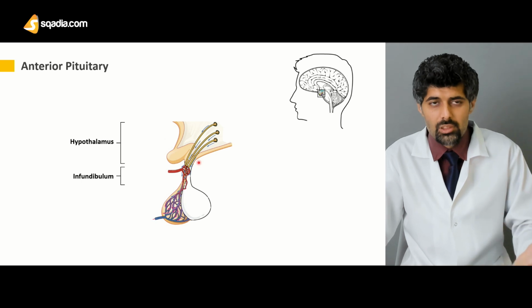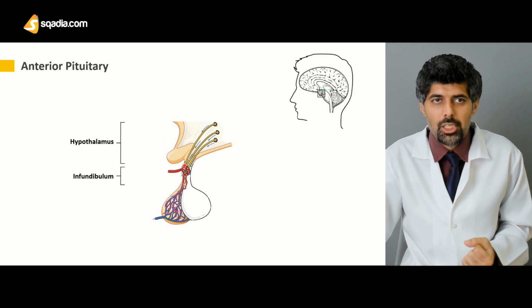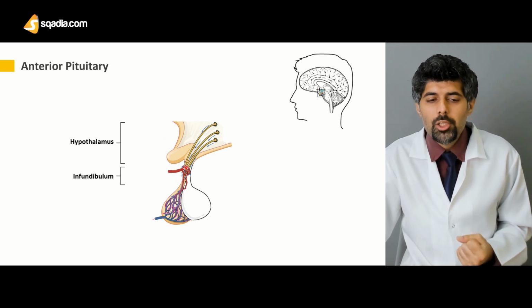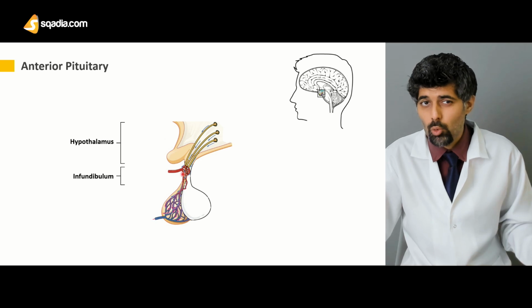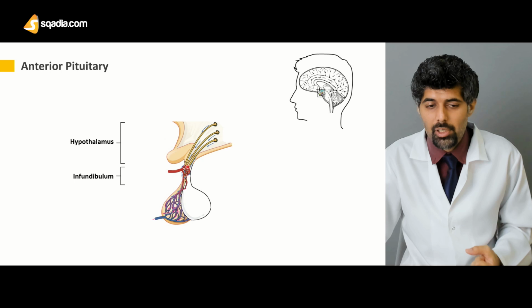But for this section, we will only limit ourselves to the anterior pituitary. As for the anterior pituitary, only the tuberal lobe is found at this area.